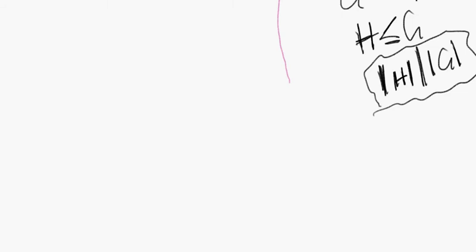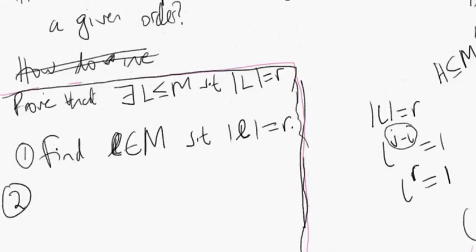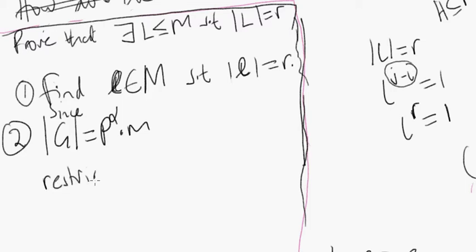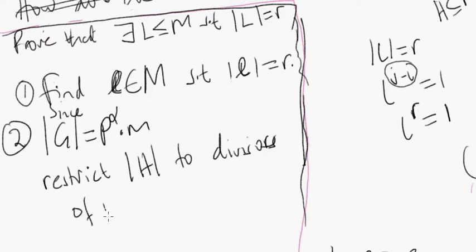So maybe we could make it a little more specific here. Since we are being told that the order of G equals p to the alpha times M, can we restrict the order of H to divisors of p to the alpha times M?